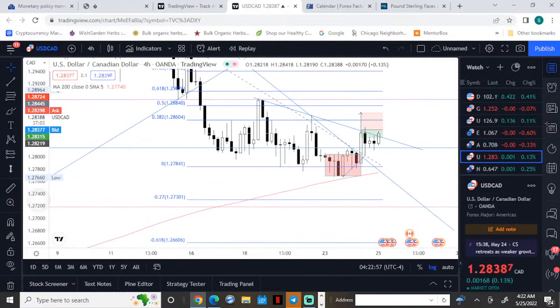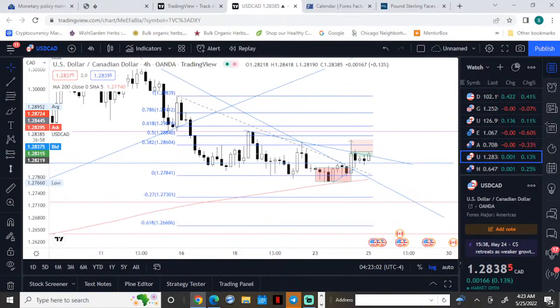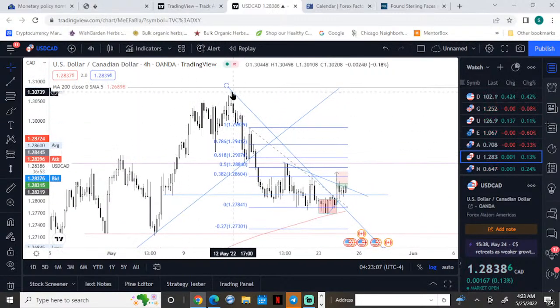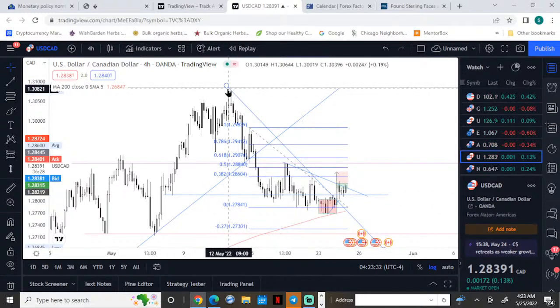In order to see this as a buy, let's see what our structure is. We have our high, higher, I'm sorry. And I'm saying it completely wrong.